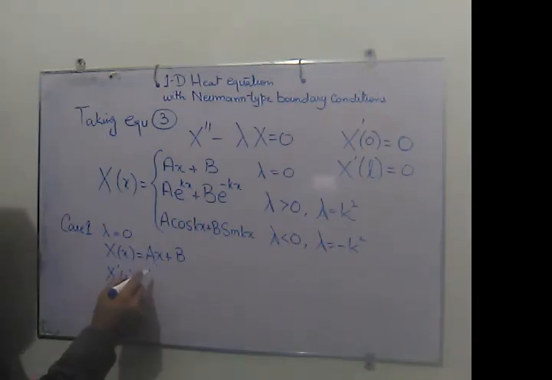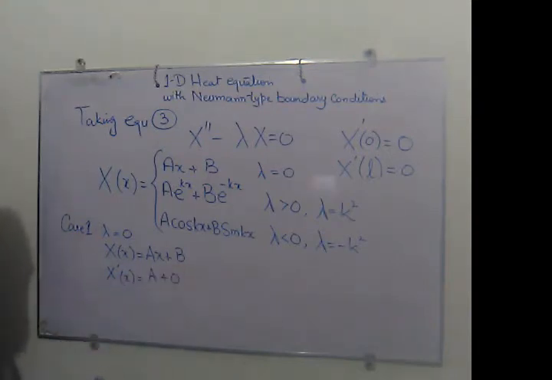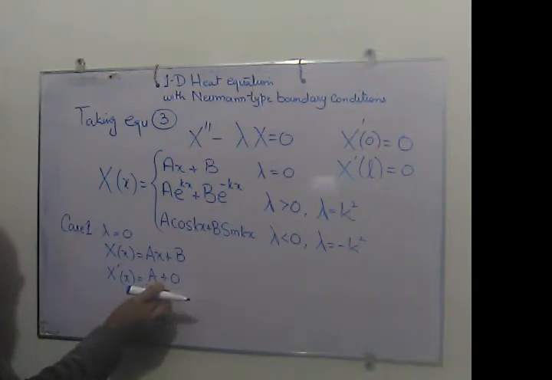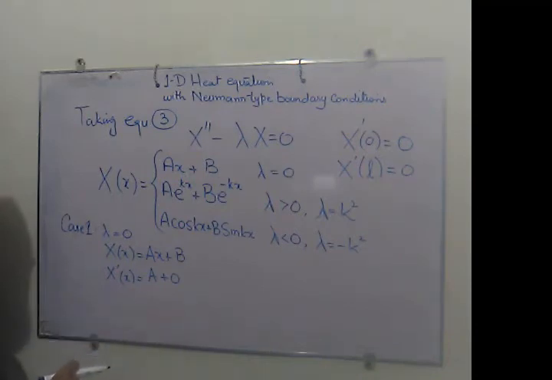The derivative of x will be 1, so we have a plus 0, as the derivative of the constant is 0. When we try to apply the boundary condition, we do not have any x part here. That's why we cannot apply these boundary conditions in this solution, so we cannot use this solution anymore.